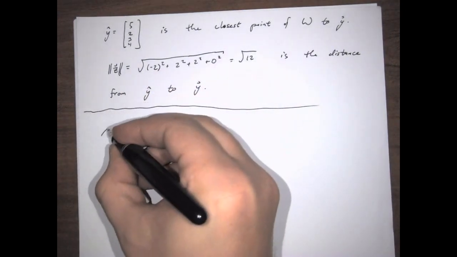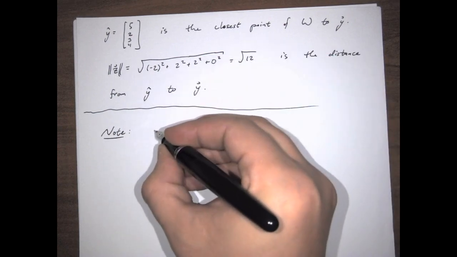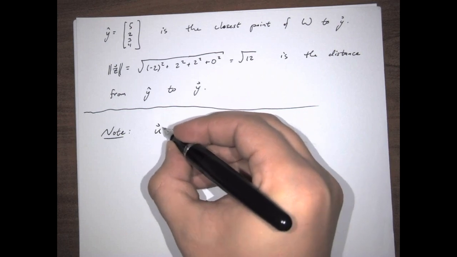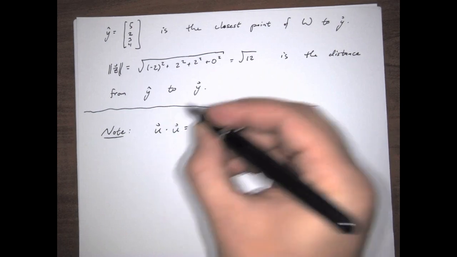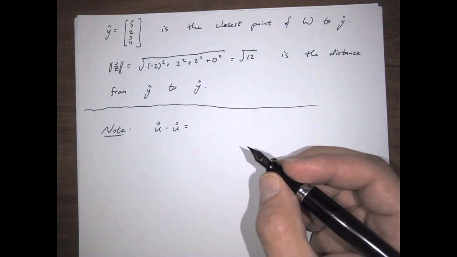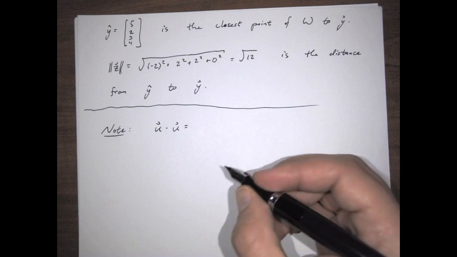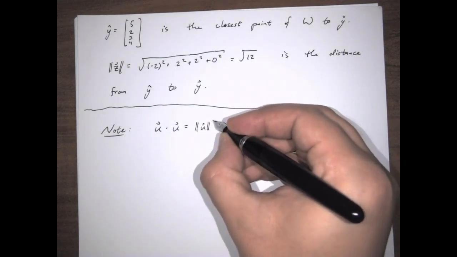So note, U dot U, which is a thing that we see in a lot of the denominators of the components of the orthogonal projections of things. So this is the same as the magnitude of U squared.